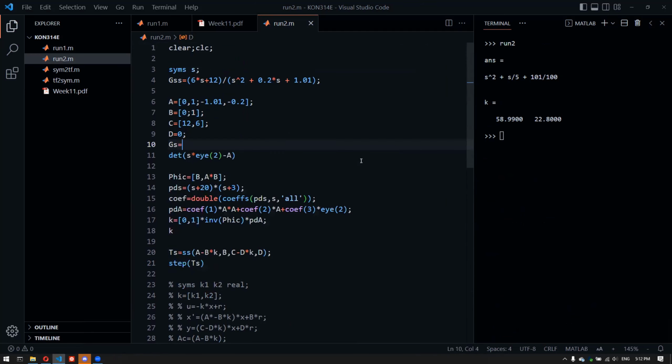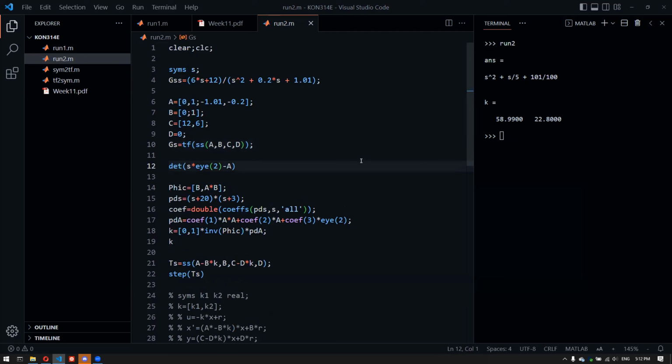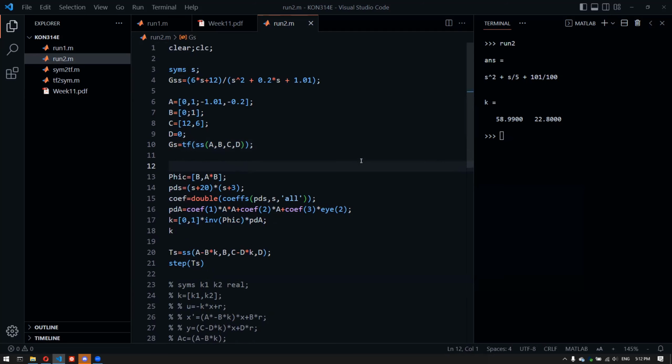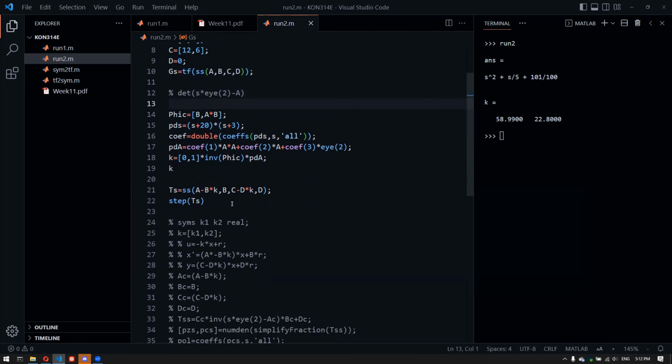Do we have it here? Nope. So maybe we want to convert it into this one too here. So TF maybe. So let's have TS in black and then TS in red for some reason.